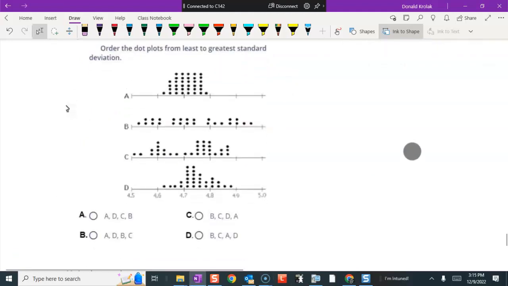When it says to order the dots from least to greatest standard deviation, least is telling you the least amount of spread.